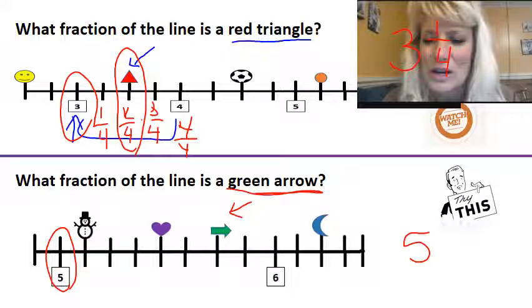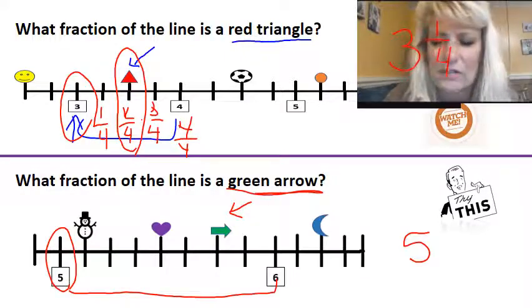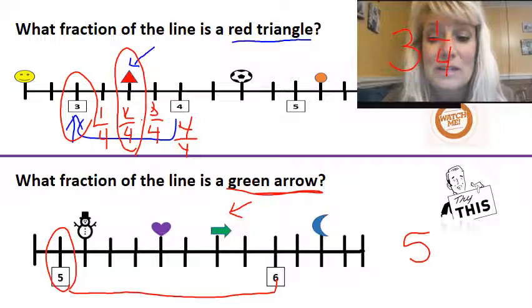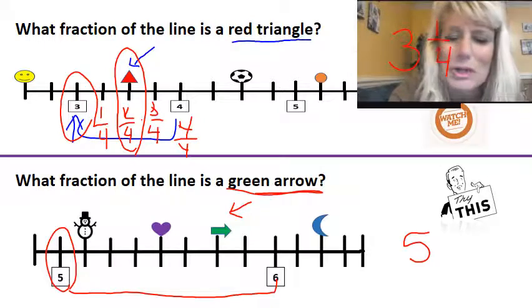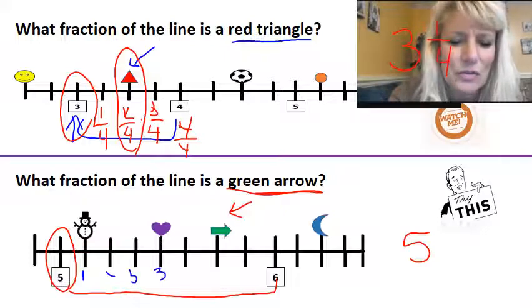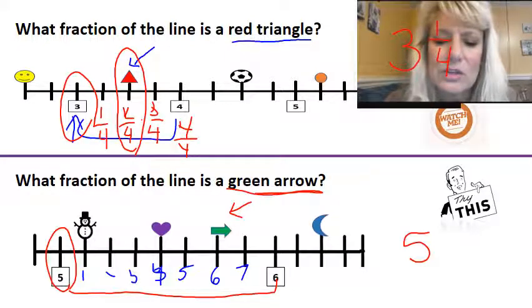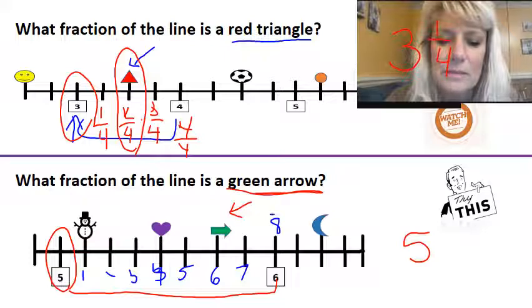So in order to do that, we're going to come between here and figure out how many parts that has been divided into. I'm going to start here at my snowman, and I have 1, 2, 3, 4, 5, 6, 7. And when I get right here, I'm going to put this up top so you can see it better.